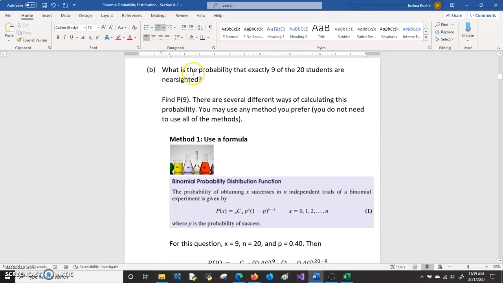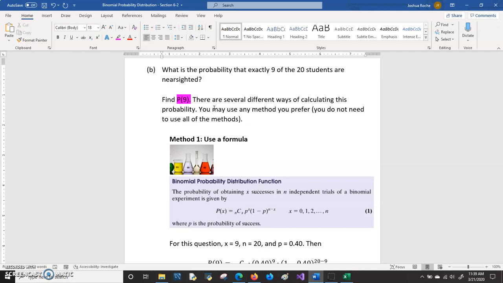So part B of this problem says, what's the probability that exactly 9 of the 20 students are nearsighted? So we would write this as P of 9, probability that 9 are nearsighted. There are different ways of calculating this probability. I'm going to go through 3 different ways of doing it.